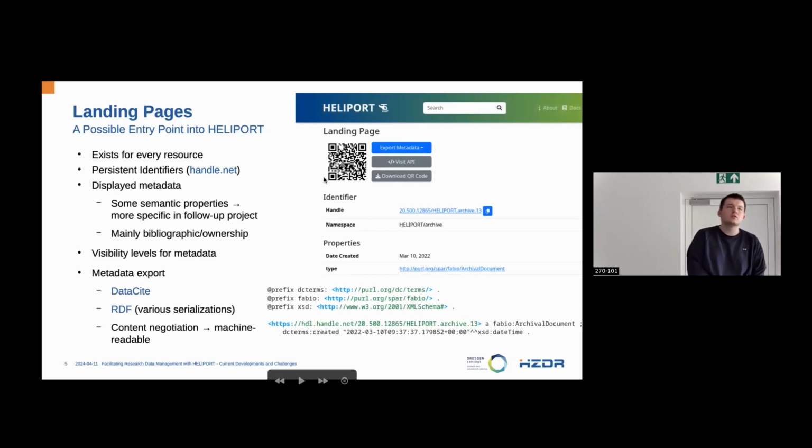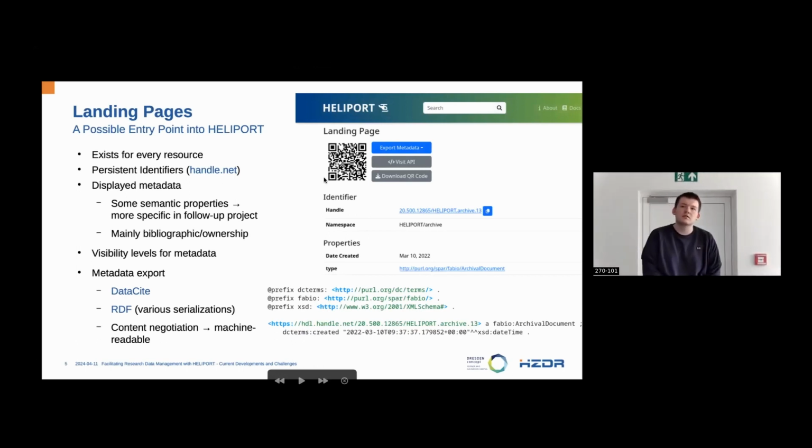The next feature I want to talk about are landing pages, because these are what we hope could be a potential entry point for a lot of people to interact with HELIPORT, because these landing pages exist for every resource that you can register in HELIPORT, and all of them have persistent identifiers.